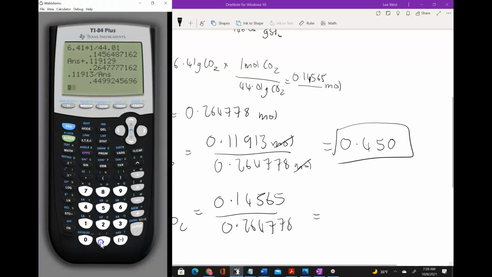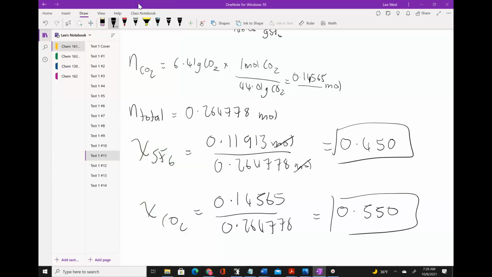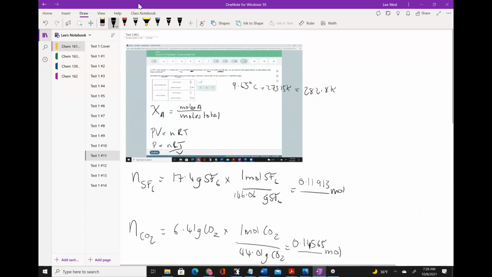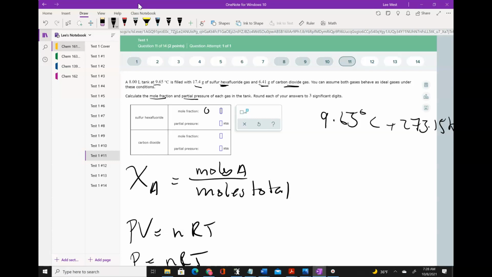Alright, so 0.14565 divide 0.264778, enter, and to 3 sig figs this is going to be 0.550, and sure enough those two numbers add up to 1. So we do all the checks and balances there. Alright, so we got our points there, 0.450 and 0.550.